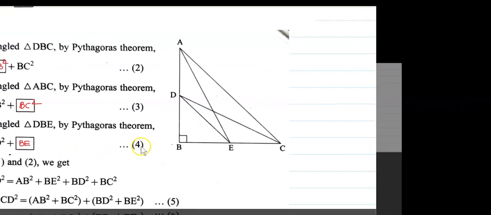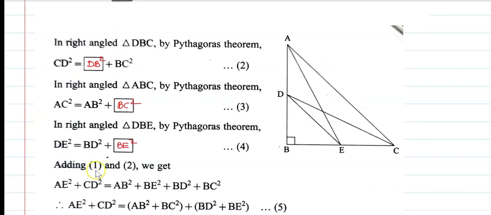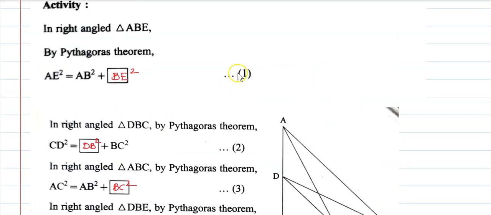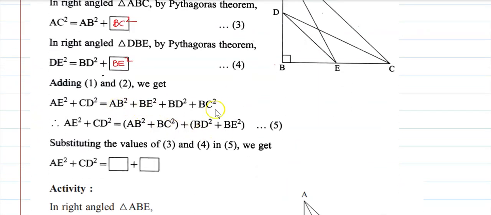Okay. Now adding 1 and 2, then here you will get these terms. AE square plus CD square. But what is AB square plus BC square? AB square plus BC square is nothing but AC square.